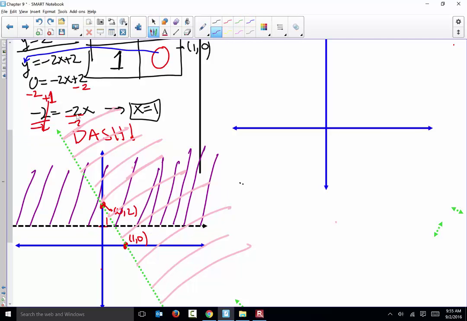Let me extend some of those pictures. Look, this line is still going here. You see that better?